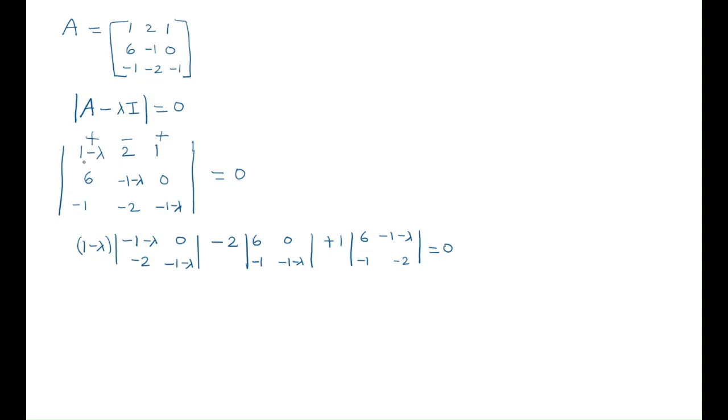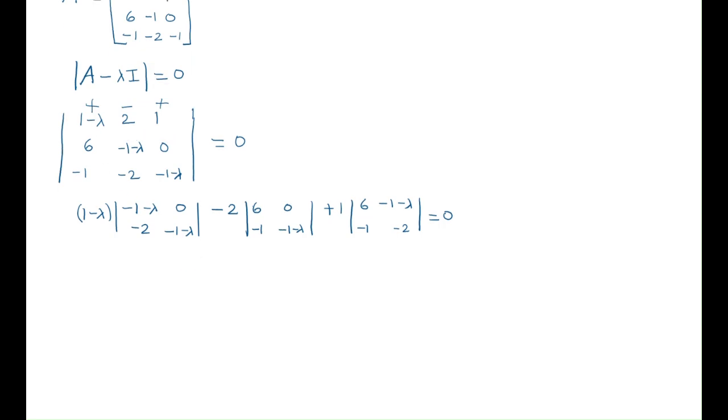So 1 minus lambda is multiplied with the determinant of the second and third column, which is the determinant of minus 1 minus lambda, 0, minus 2, minus 1 minus lambda. This is also called the cofactor of the first element.